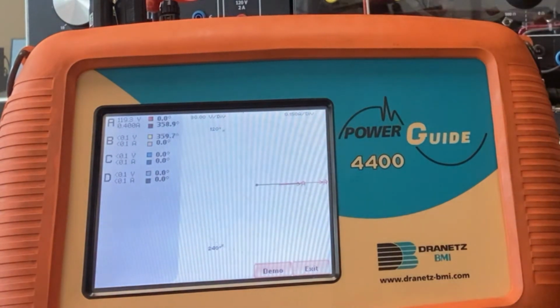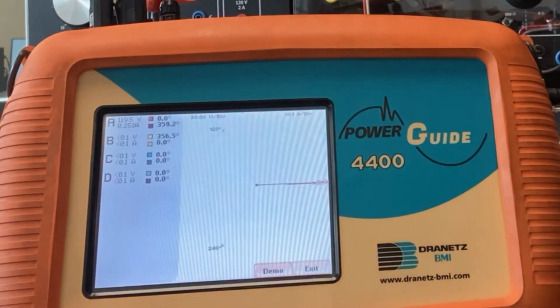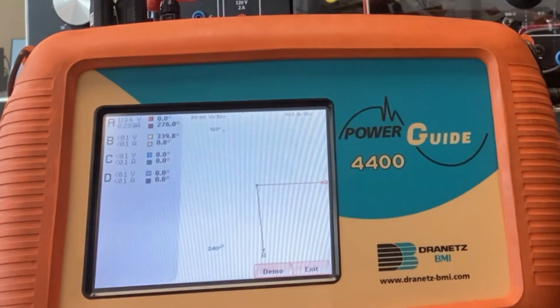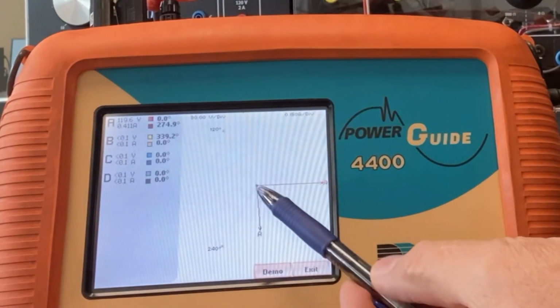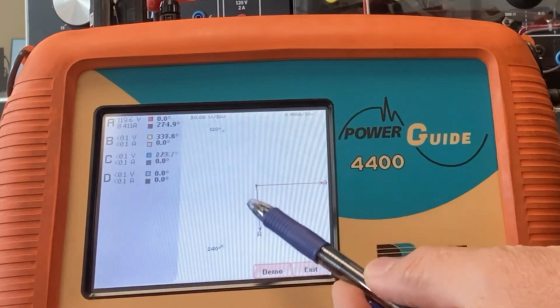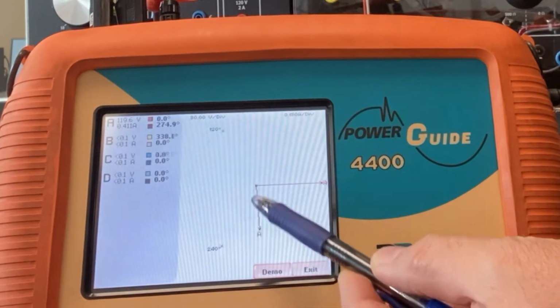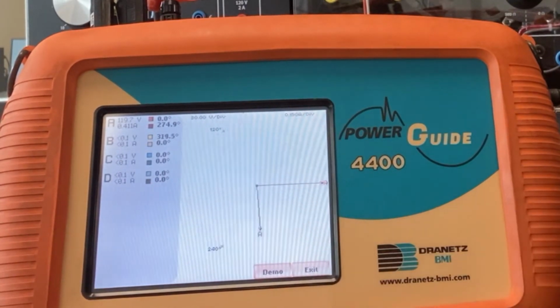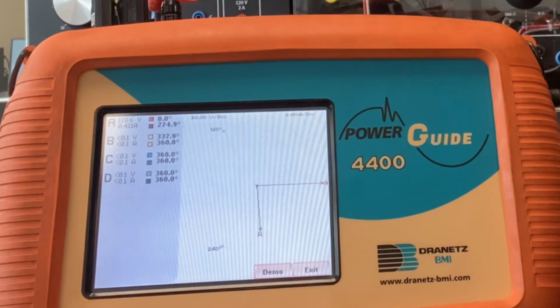So let's get rid of that resistance, and we'll show some inductive load. And you can see there, right here, that's about 90 degrees out of phase with our voltage. That's what the other scope showed us also. This is just showing it in a different fashion.